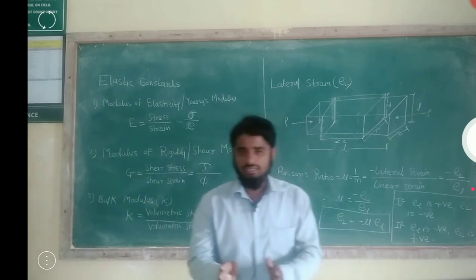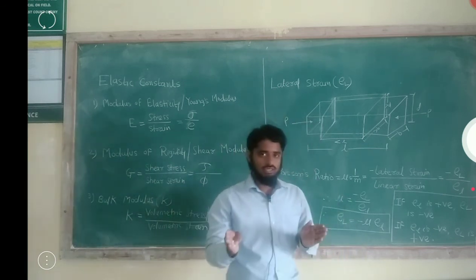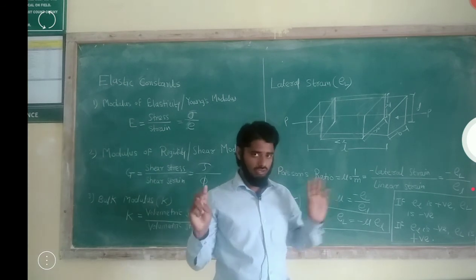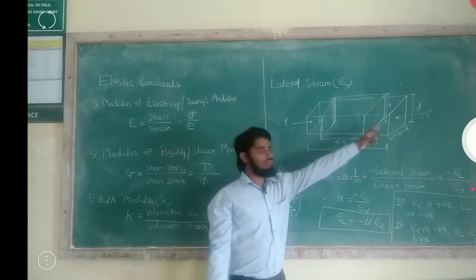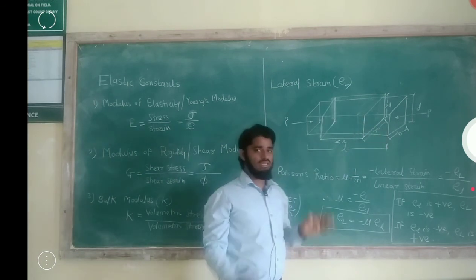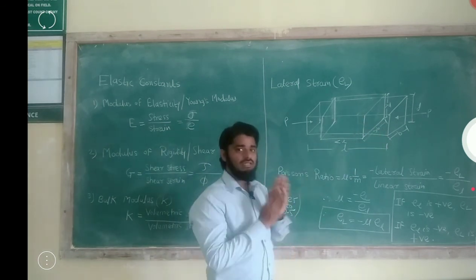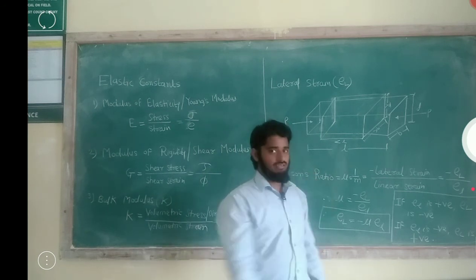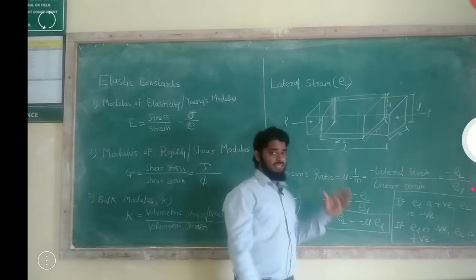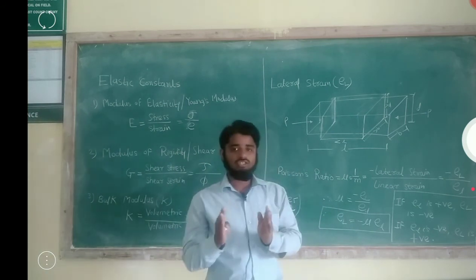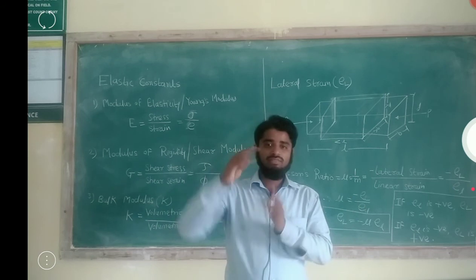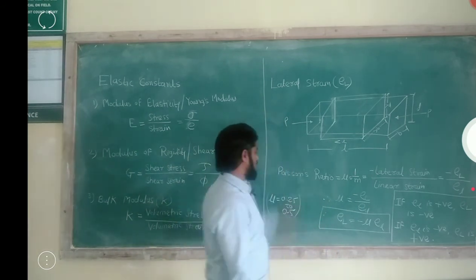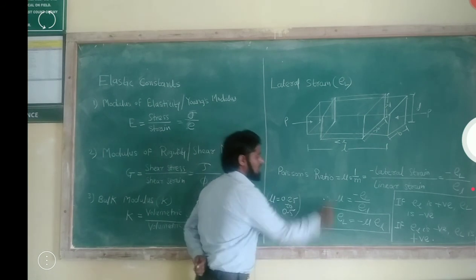If the linear strain is positive, when we apply a tensile force on a body, the length will increase. When the nature of the force is compressive, the length will decrease, but the lateral dimensions, that is depth and thickness, will increase. In the case of tension, the length increases, and the depth and thickness will decrease. Got it?